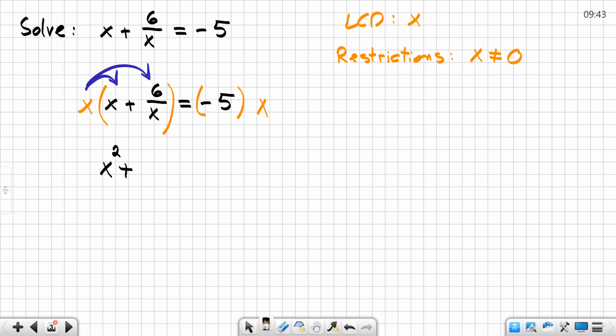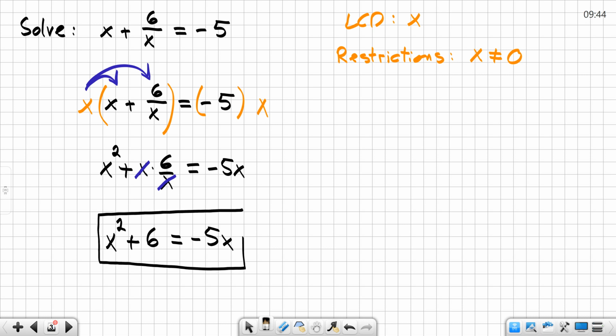Then x times 6 over x. You see that this x in the denominator will now cancel out. And on the right side, I get negative 5 times x, which is just negative 5x. Now here, the x's cancel out, and I will have this equation here: x squared plus 6 is equal to negative 5x.